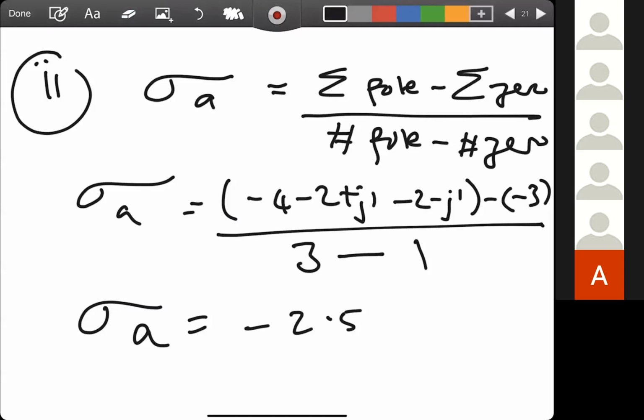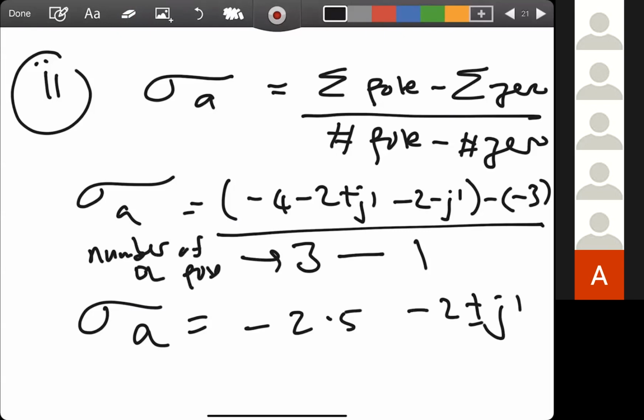Why? 3 minus 1. The 1 comes from minus 2 plus J1 and minus 2 minus J1 in the denominator. This is the number of open loop poles, and this is the number of open loop zeros.